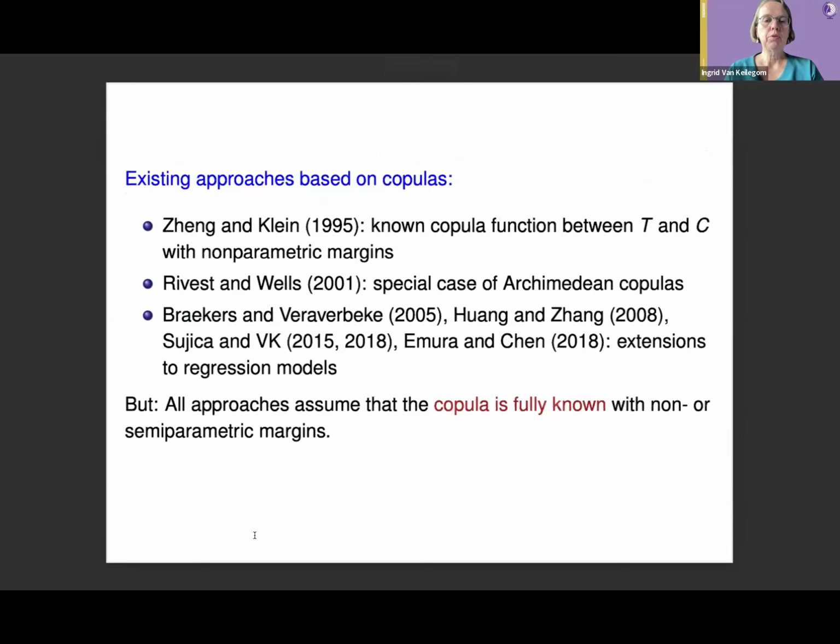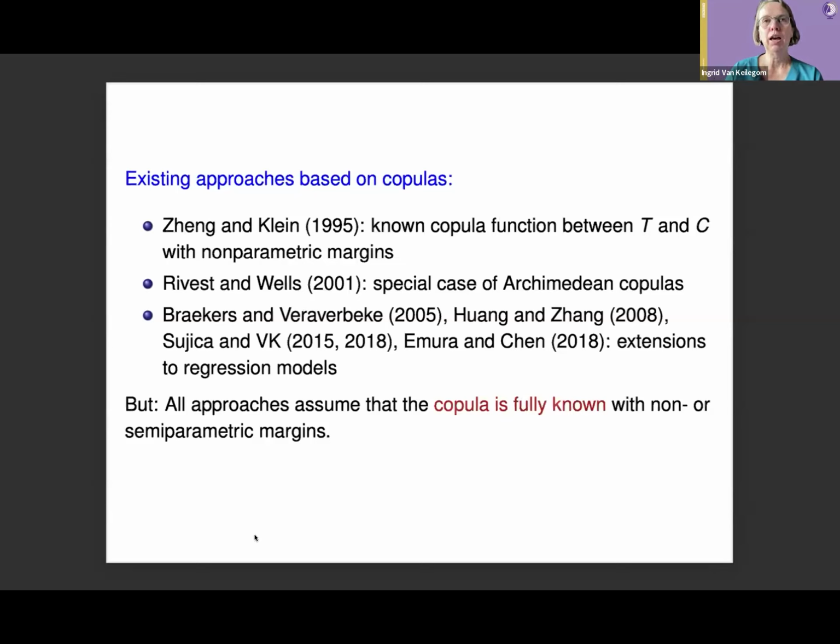Now, all these papers are actually very nice. They really allow for dependent censoring, but they have one drawback in common, and that's the fact that this copula always has to be fully known. So, for instance, it has to be a Frank copula with a known parameter.